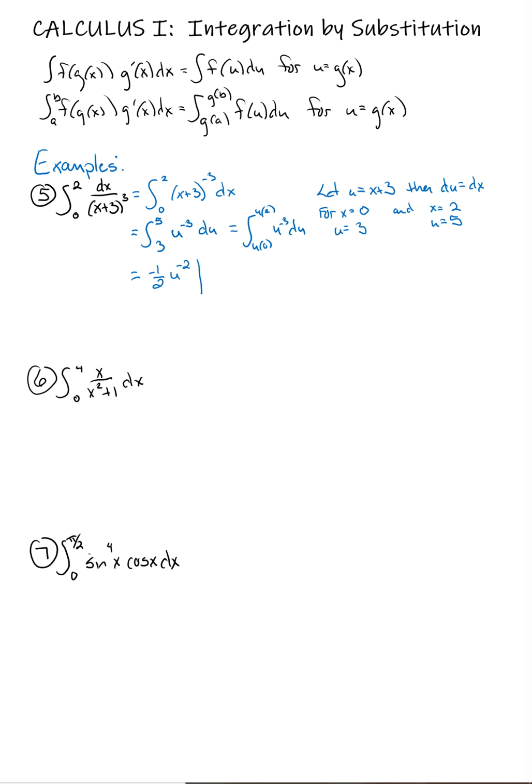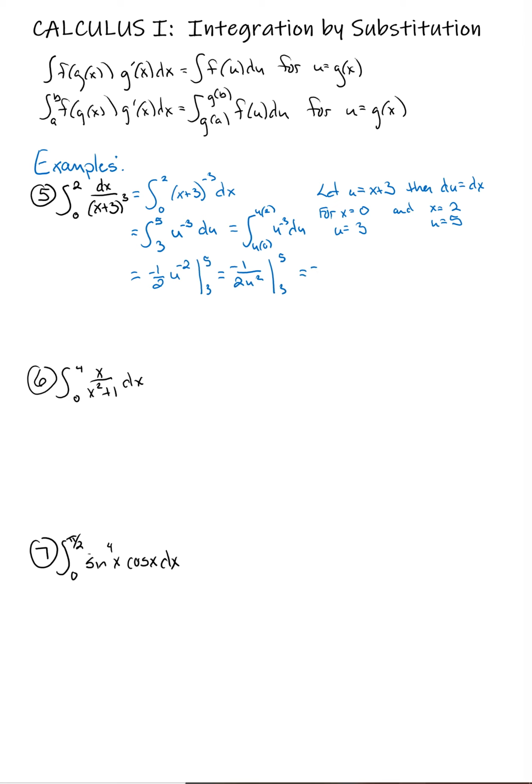And this gets evaluated from 3 to 5. Actually, let me write this as negative 1 over 2u squared evaluated from 3 to 5. I think that's going to make it a little bit easier.